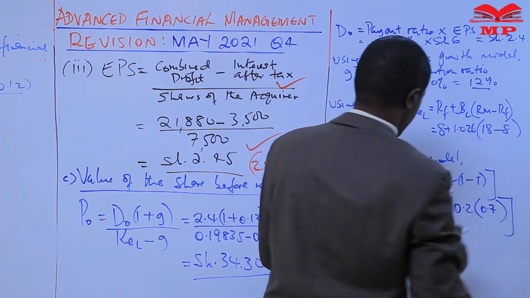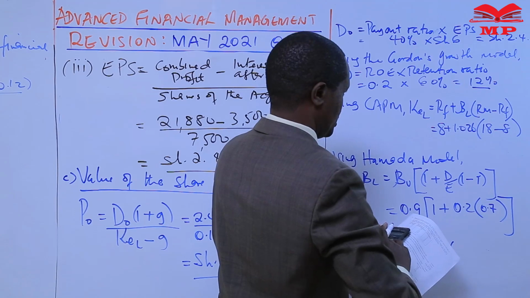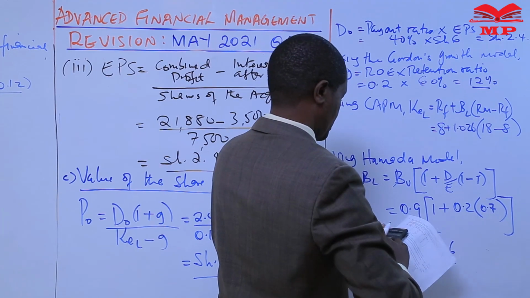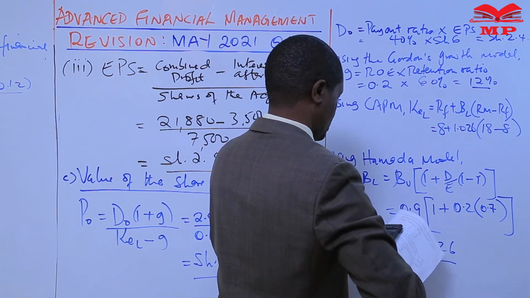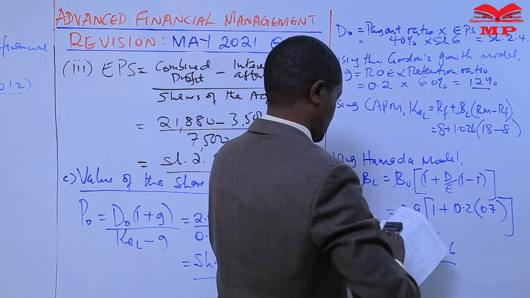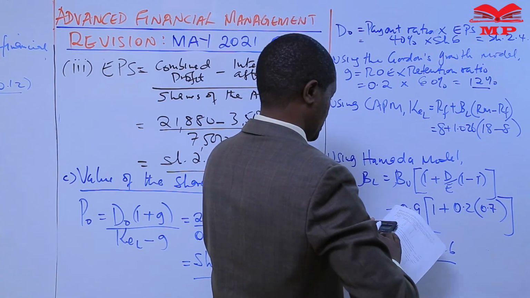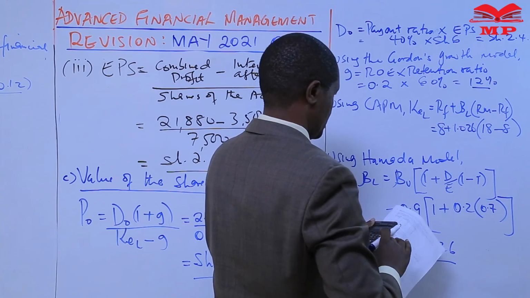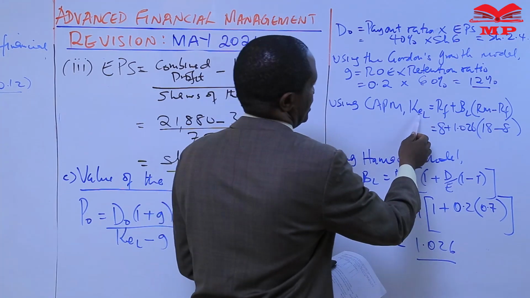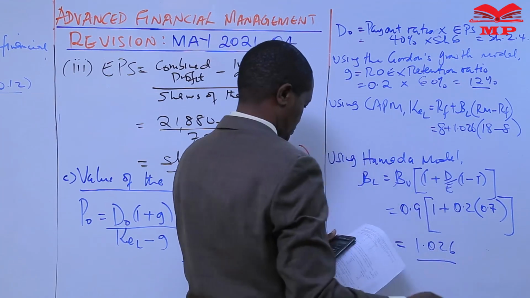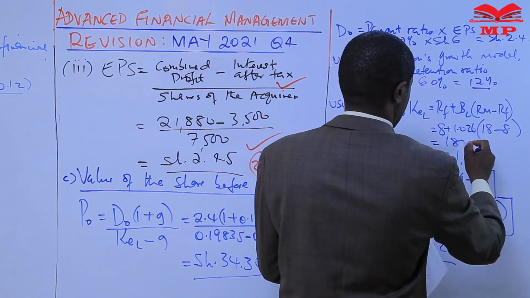Again, this is going to change: 1.026 times 10, plus 8. So the new cost of equity of the levered firm is equal to 18.26.